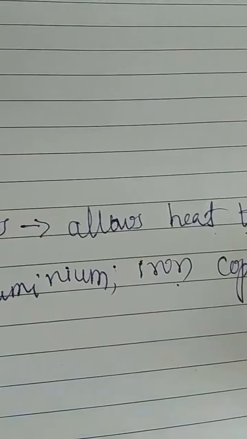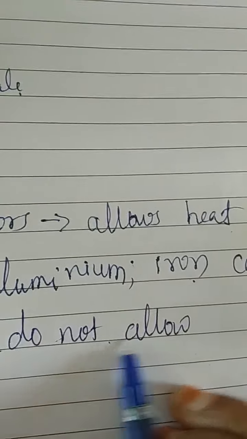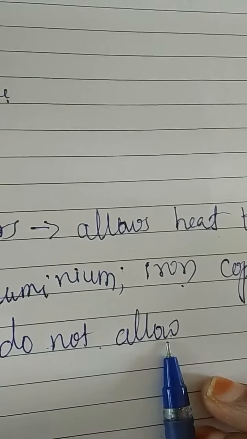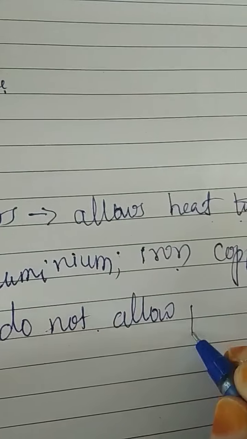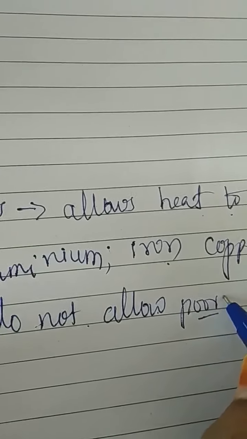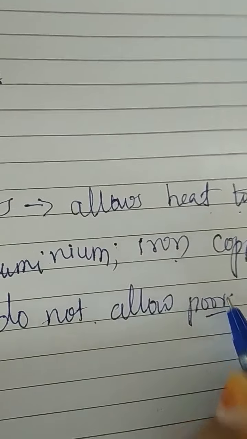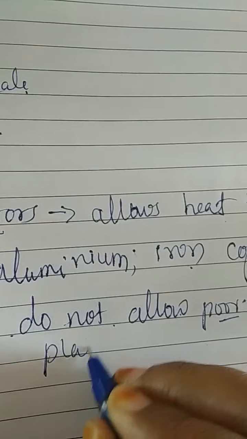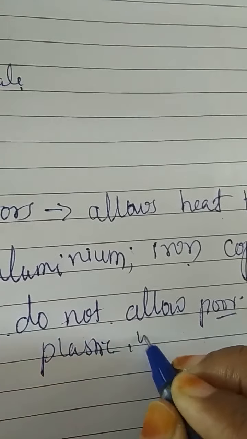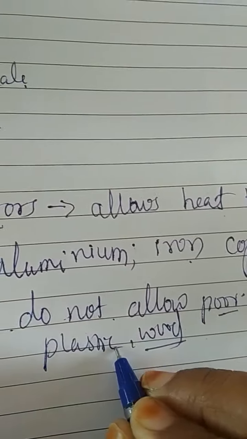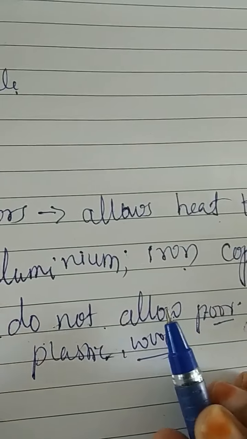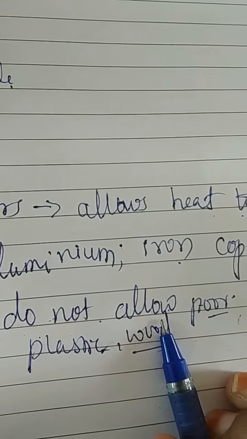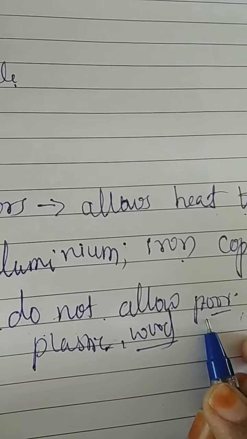The materials which do not allow heat to pass through them easily are called poor conductors of heat. Plastic and wood are examples of poor conductors.